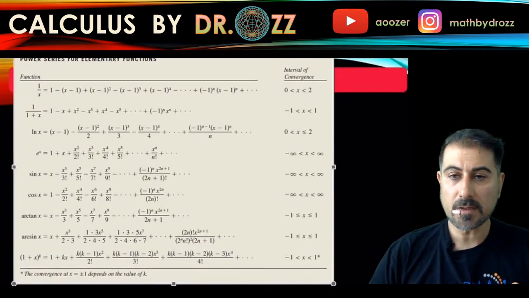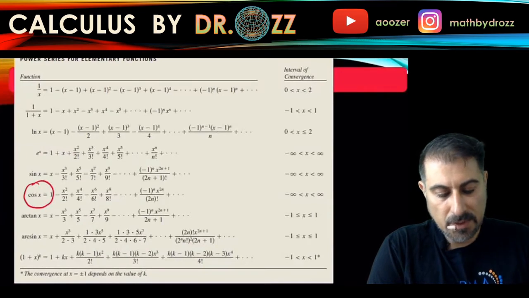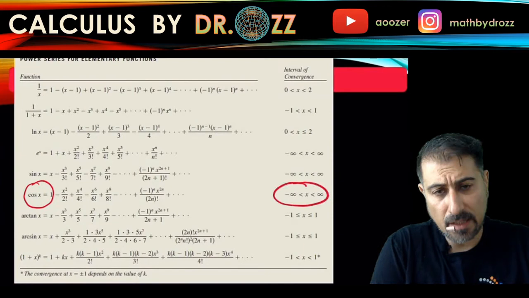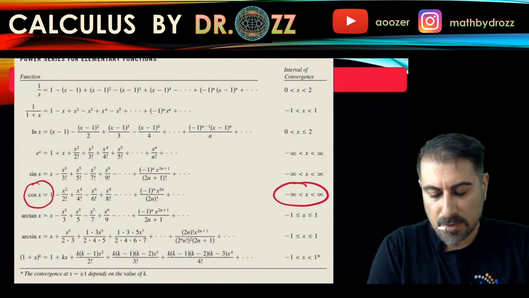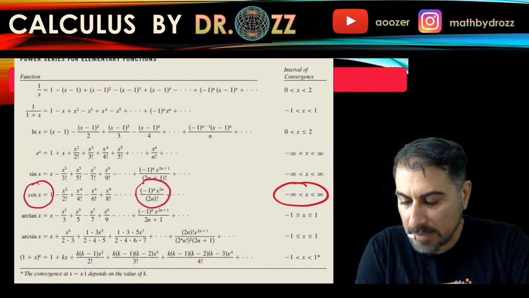We have the power series representation of that, and that comes with the interval of convergence, negative infinity to infinity. So what I'm going to do is copy the n-th term down. It's minus 1 to the n, x to the 2n over 2n factorial.